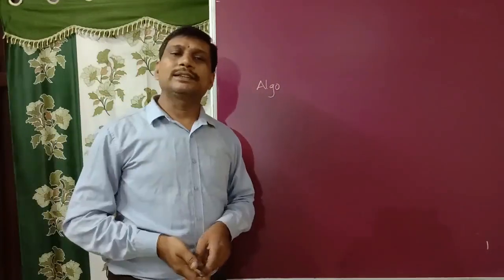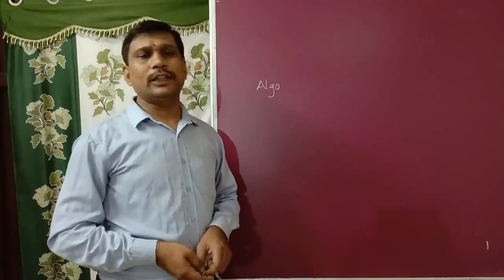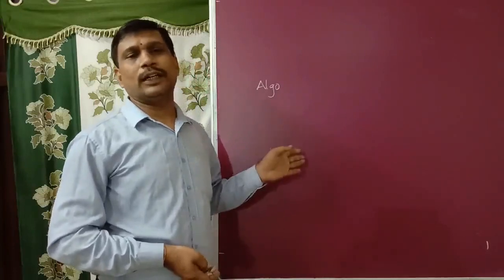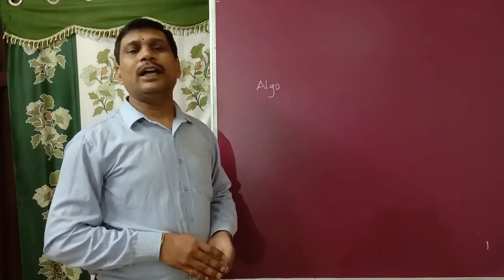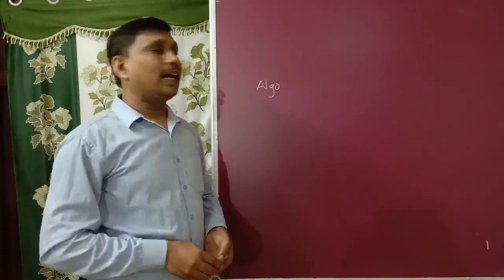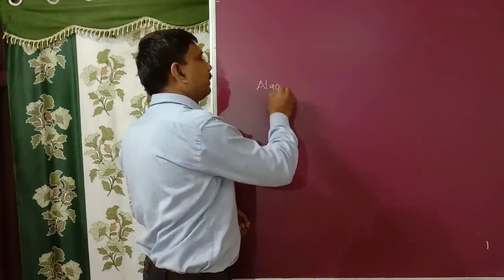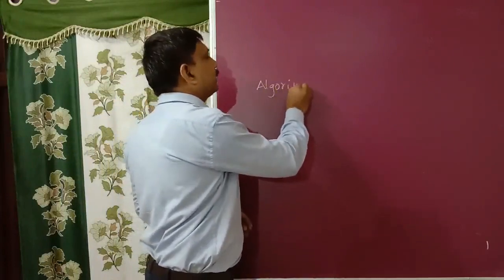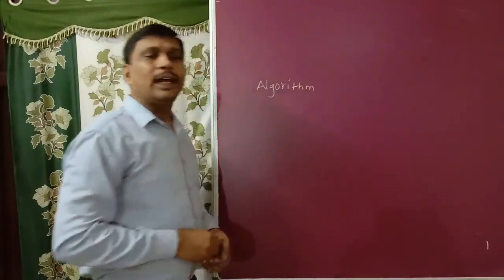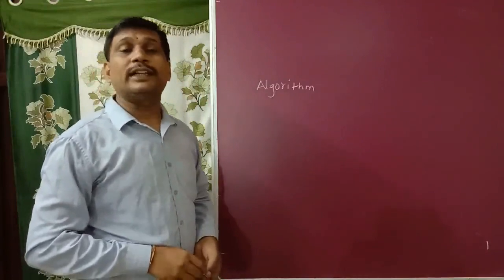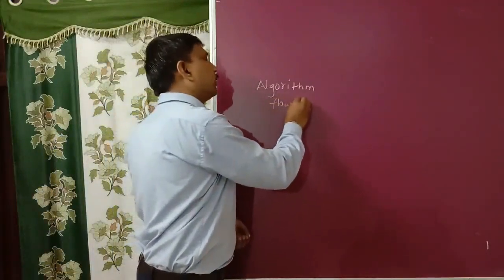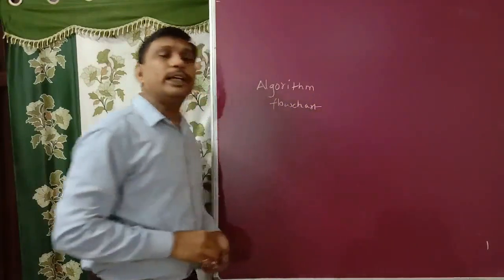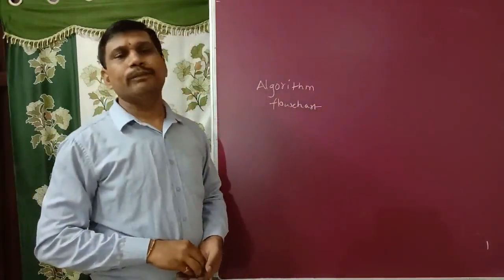Today we discuss the complete overview, that is, a recapitulation of the complete chapter 7, the idea of algorithmic efficiency. Already we discussed in previous classes: first we defined the algorithm, what is meant by algorithm, how to write algorithms, what is meant by flowchart, and what is meant by computational complexity.